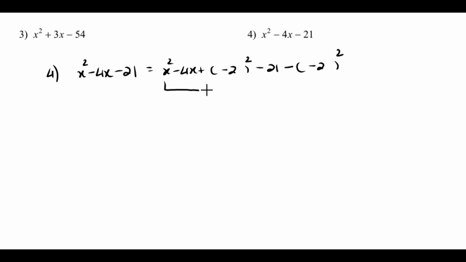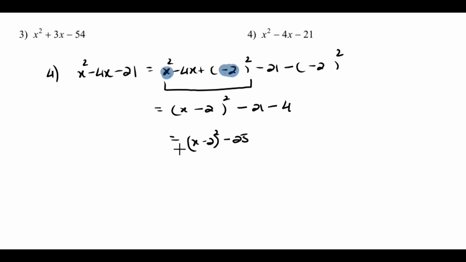The first three terms form a perfect square trinomial. Open up your brackets and square. What goes into those brackets is the x and whatever we've put inside the bracket, minus 2. So x minus 2 minus 21 minus 2 squared, which is 4. That equals x minus 2 all squared minus 25. This is now in turning point form, or completing the square form.